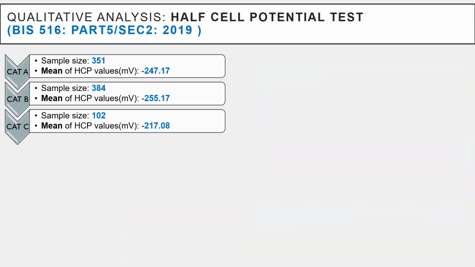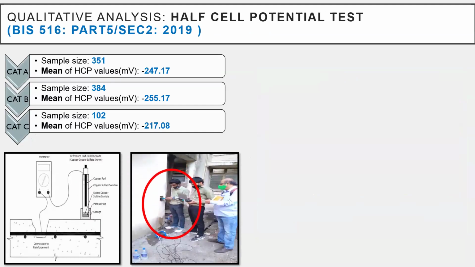Then another test was half cell potential test that we have carried out, and sample sizes were 351, 384, and 102 for category A, B, C respectively, and mean value is observed to be about minus 250 millivolts for all the category A, B, and C buildings.